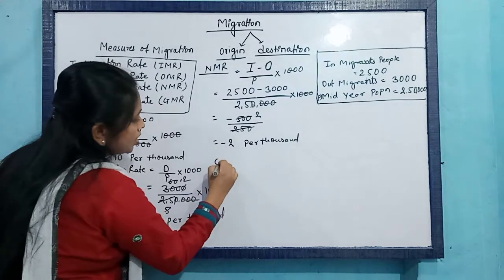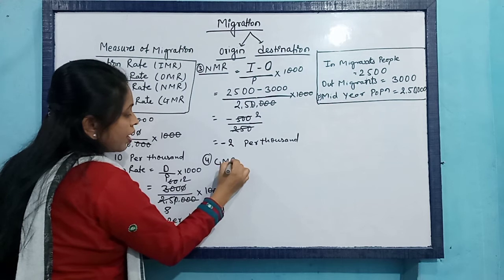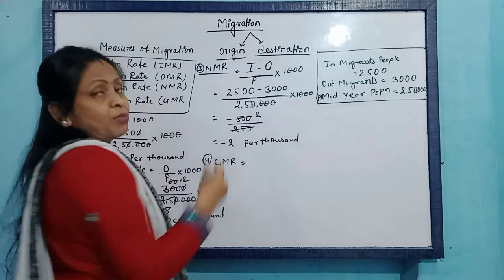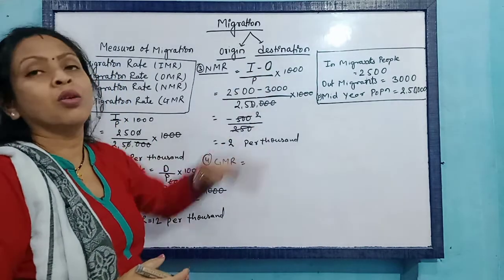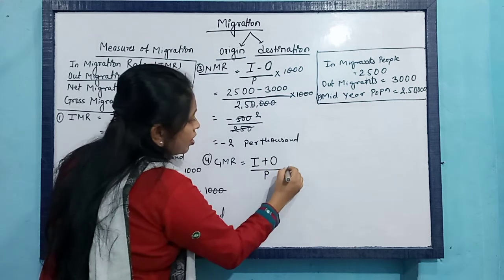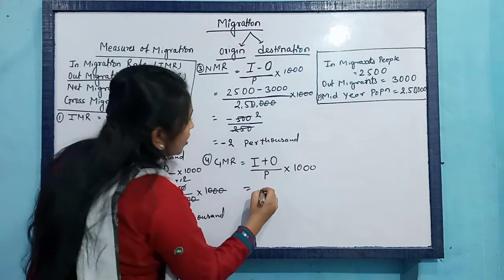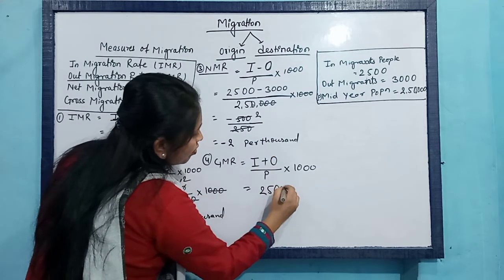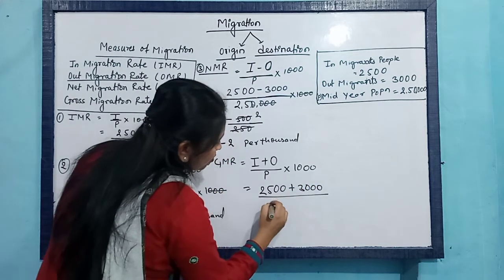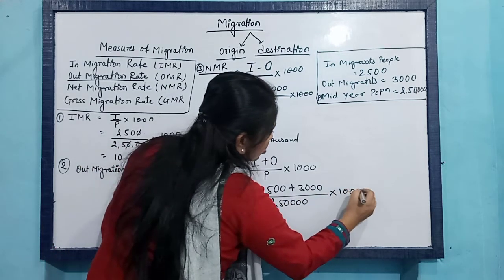Another, number four, is GMR, the gross migration rate. Its formula is the sum of in-migrants and out-migrants: I plus O by P into 1000. Now we put the values: I is equal to 2500 plus 3000, by 2,50,000 into 1000.